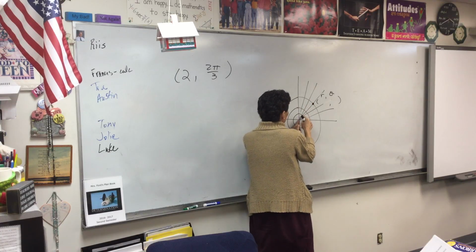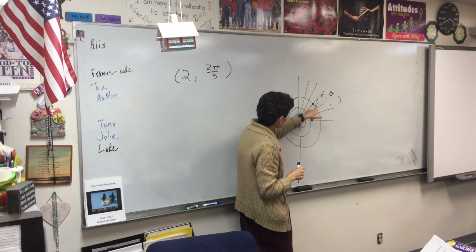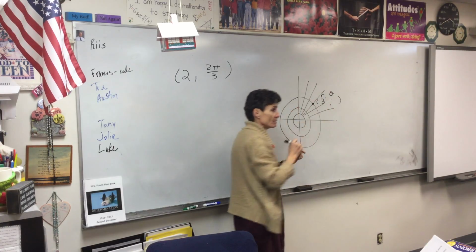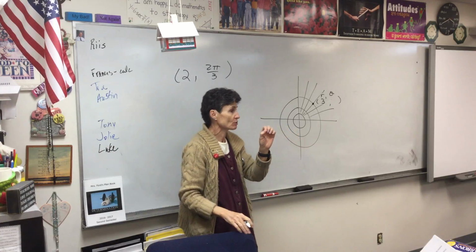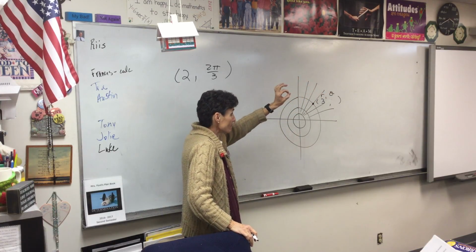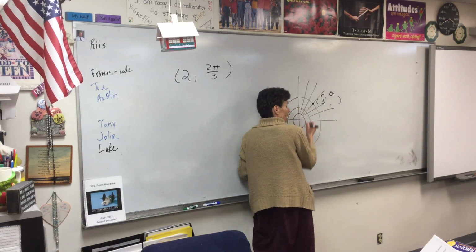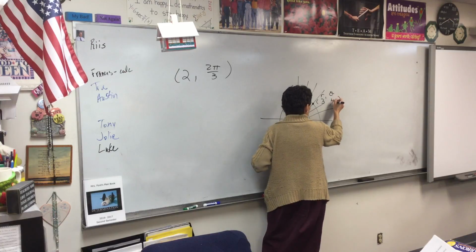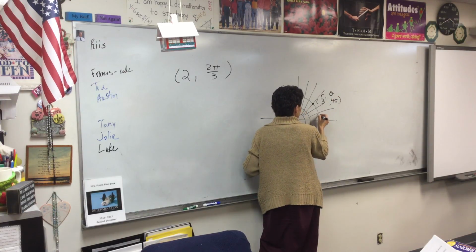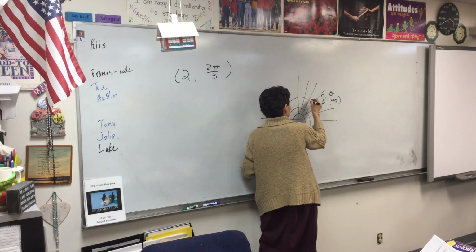R is which radius am I on? If that's my point, I'm out 1, 2, 3, so my r would be 3. That first coordinate tells me how far out I am. And then the second coordinate tells me what angle I'm at. That would be 45 degrees because the paper I gave you is in increments of 15. So the third one would be 45 degrees.